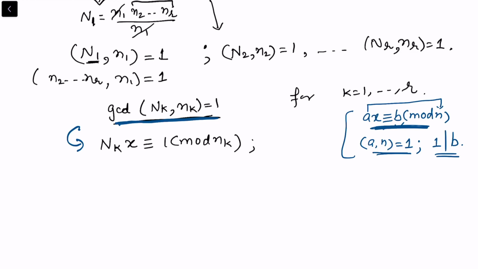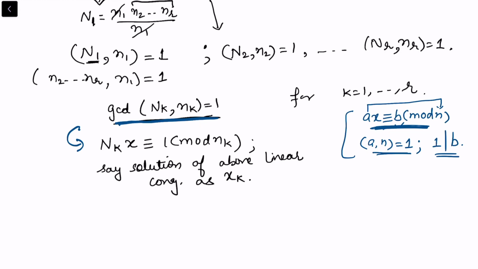So let us say the solution of the above linear congruence is xk. And now considering this as xk, we know Nk xk is congruent to 1 modulo nk. So this holds true.